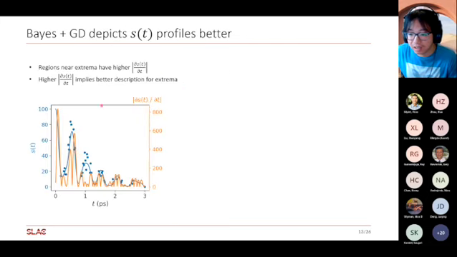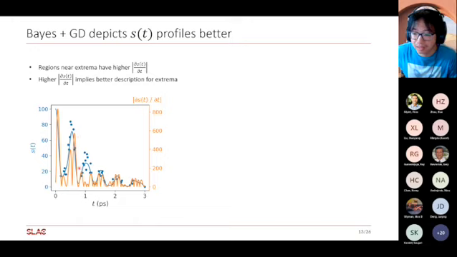Apart from better online estimation, we can also expect more valuable information from measurements suggested by the Bayes plus GD. Here we consider the absolute value of the derivative ds/dt as an indicator of how useful each suggested delay time is in capturing the peaks and the valleys.